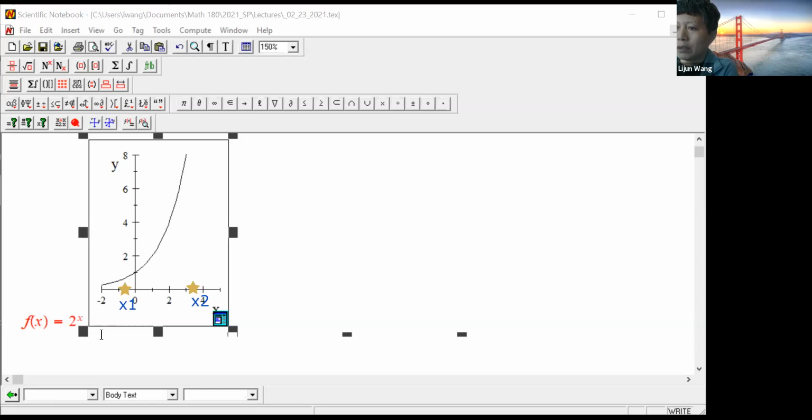This is f of x1, and that's f of x2. You follow me? This height is f of x1.